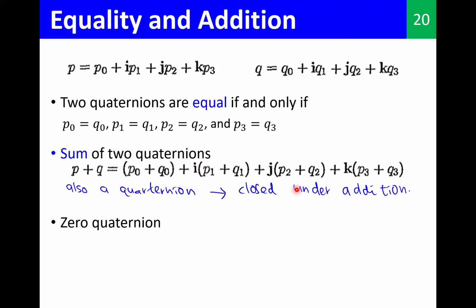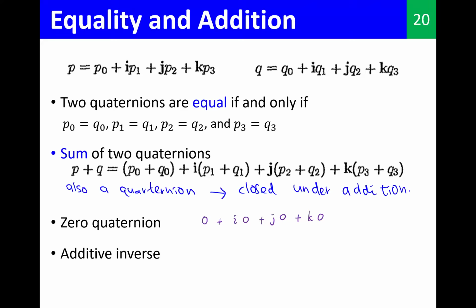And we also define a zero quaternion. The zero quaternion is just where every element is zero. So we have 0 plus i0, j0, k0. It's the zero quaternion.